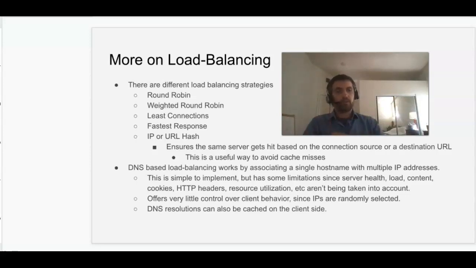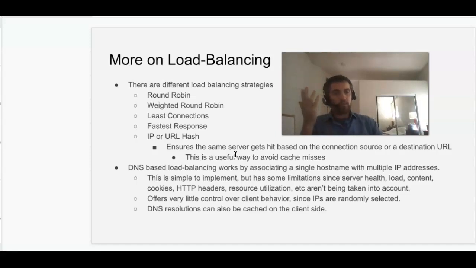So for instance, you want your next connection to go to that same server. So we want to make that decision based on the source and destination IP address to keep the connections consistent, which is good for performance, obviously. So something to keep in mind. There's also DNS load balancing, something to maybe briefly mention.